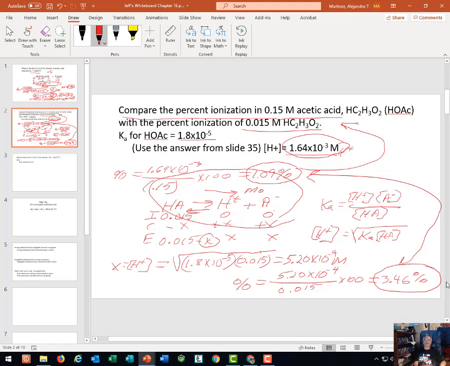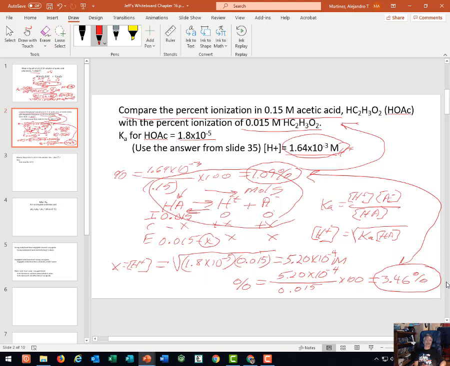We have 2 moles on the product side and only 1 mole on the reactant side. And so because there's more room, because the solution is more dilute, the dissociation increases in spite of the fact that the concentration of my reactant decreases. That's just a way to think about this particular effect.